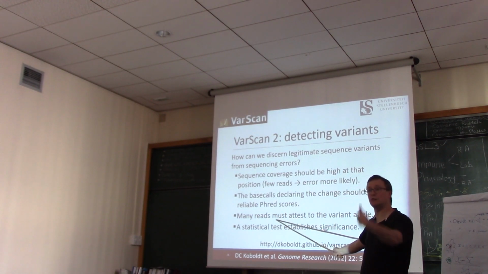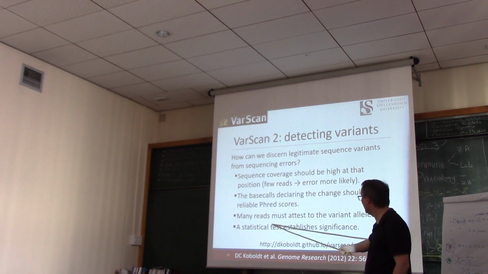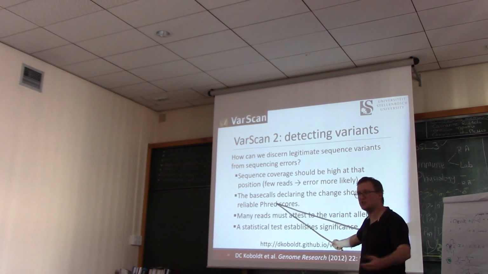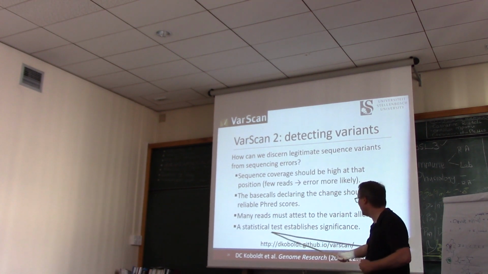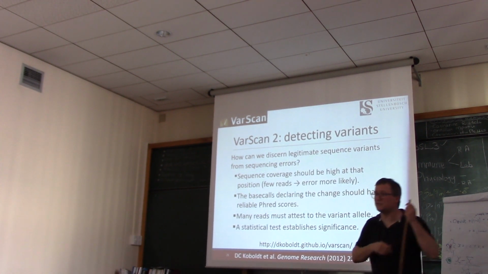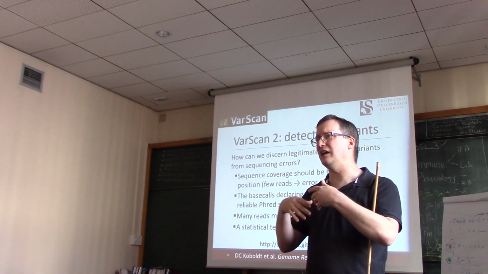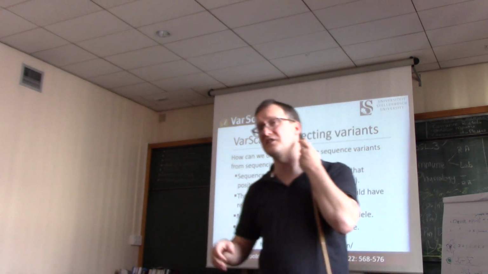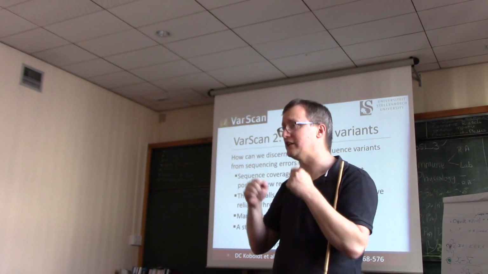So having a high reliability of individual base calls really does matter. I've already said sequence coverage should be high, but to repeat it, many reads, just a high count of reads at this position is valuable. And ideally, you have some sort of test statistic to say how frequently you would see a sequence variant of this sort by random chance. So VARScan2 is just one of many algorithms that exist for doing this variant calling.